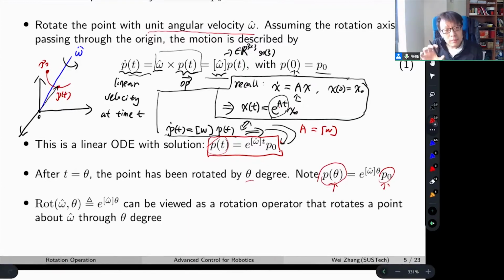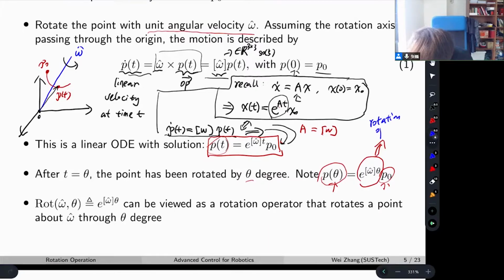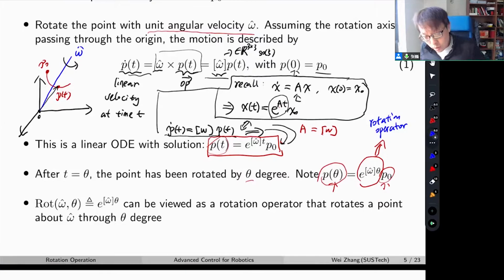All right. So overall, before the rotation it is P0. After rotating by theta degrees it is e to the omega hat theta times P0. So overall, we could call this a rotation operator. What do I mean by operator here? Let's just argue roughly.